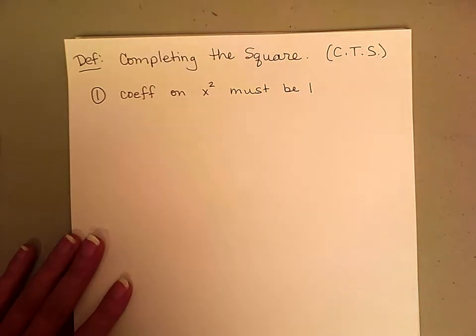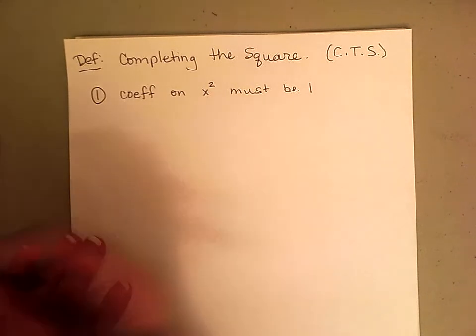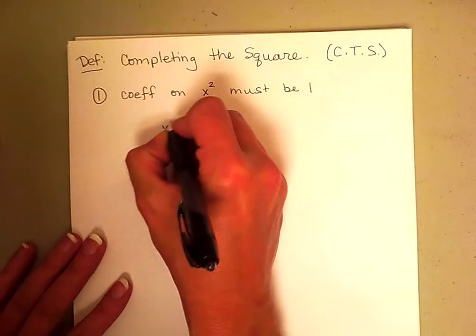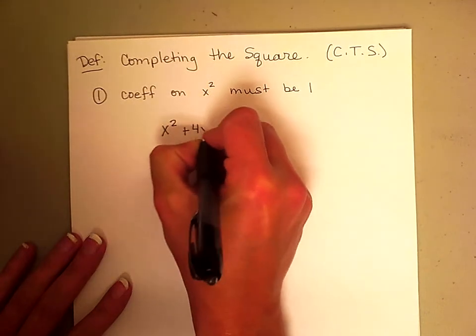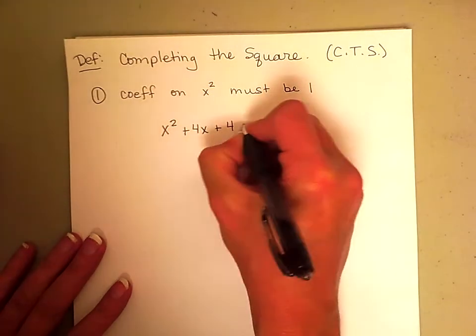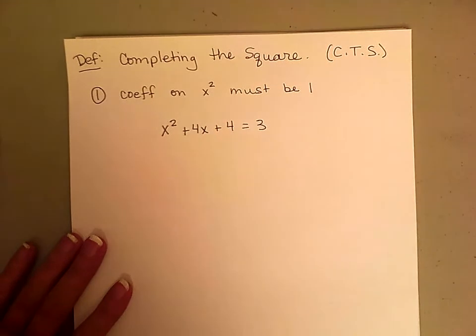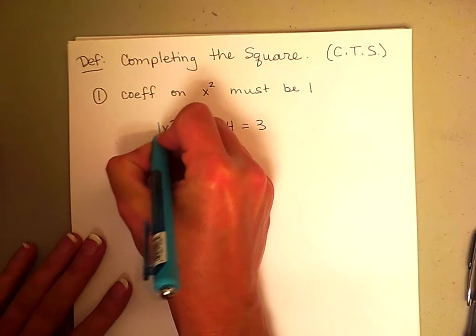If it's not 1, we will have to manipulate the equation so that it will become 1. Okay. Let's do an example while we're doing this. So x squared plus 4x plus 4 equals 3. In this case, we can complete the square on this because the coefficient on x squared is 1.